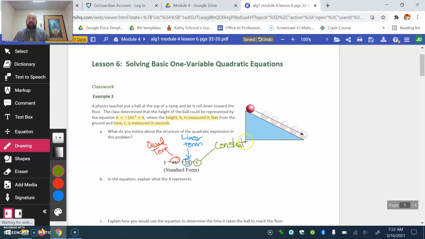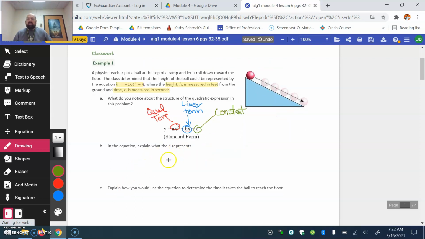So the big idea with this lesson is that when you notice these quadratic equations are in a certain form, you're going to see a familiarity with how they're solved. So in the equation, explain what the 4 represents.